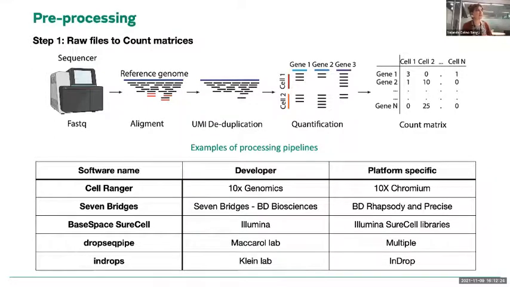And then there are other pipelines which are maybe a bit more flexible for other technologies, or that you can modify for different technologies. But they will be more hands-on, and you will require more expertise to do those things. So here again, maybe something to consider when you are deciding which platform you want to use will be also what are the resources for the pre-processing step that you have.